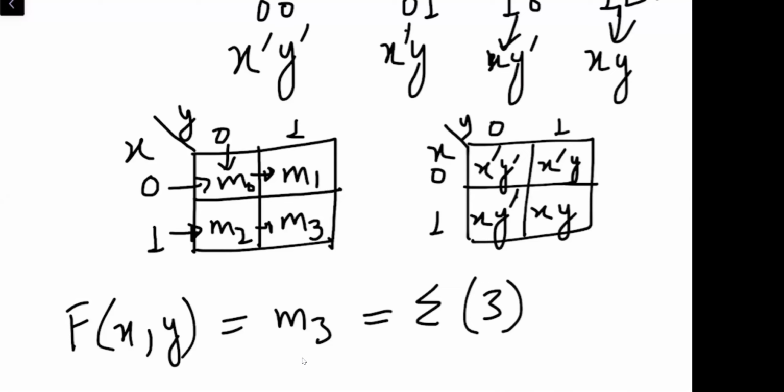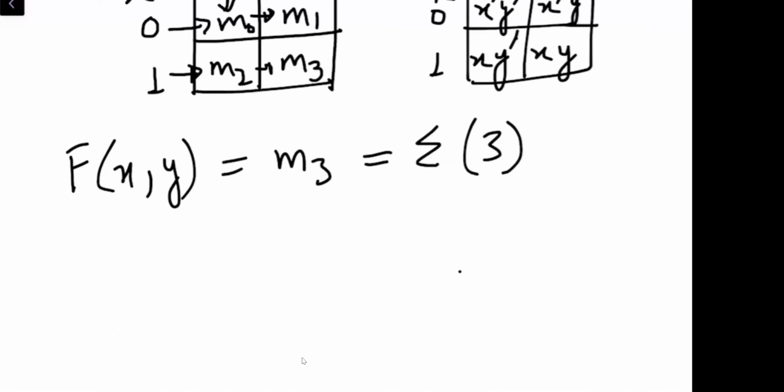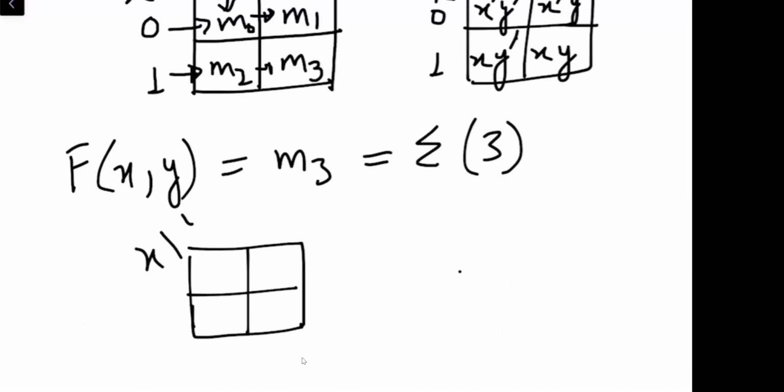Okay, so you are right. So when we say function f of x, y is equal to m3, or I say summation with a bracket 3, this means we have the K-map for x y, which is 0 1 0 1 over here.